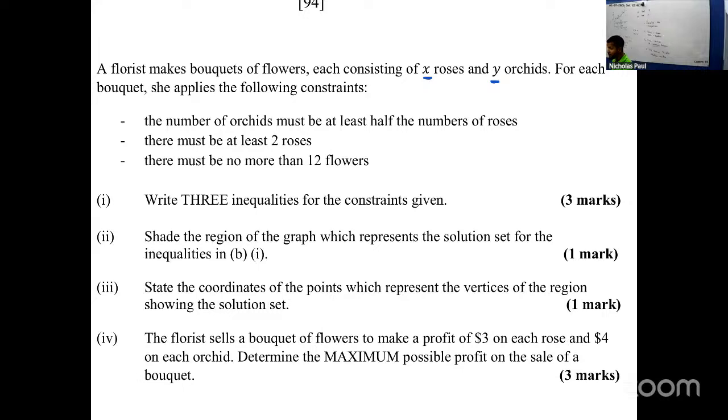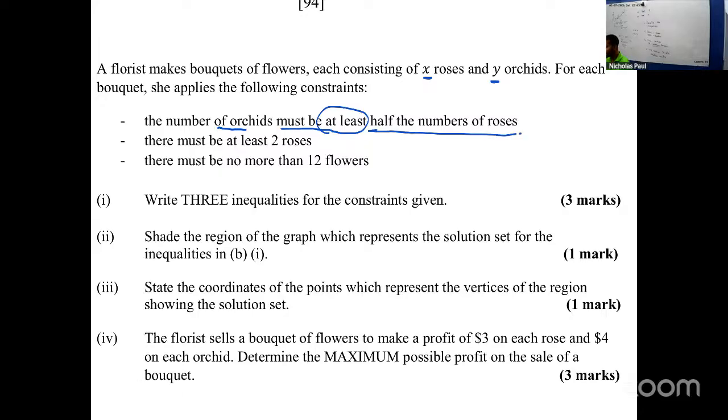So every time you see rose, take it off and put X. Every time you see orchids, take it off and put a Y. For each bouquet, she applies the following constraint. So here's what must happen. The number of orchids must be at least half the number of roses.